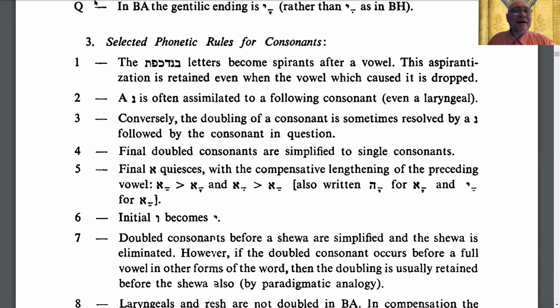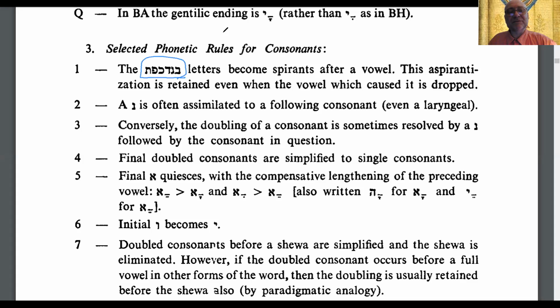All right, let's see here. Selected phonetic rules for consonants. Okay, so the beged kafet letters, there we go, that's what that is. Those are the ones that if you put a dot in, they kind of slightly change the hardening or the softening of it. Without the dot, normally softening; with the dot, kind of hardening. That's beged kafet.